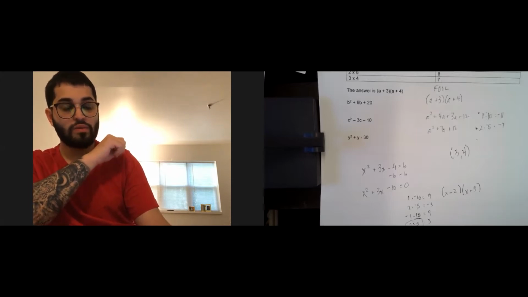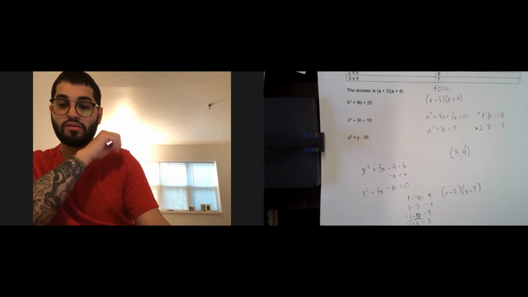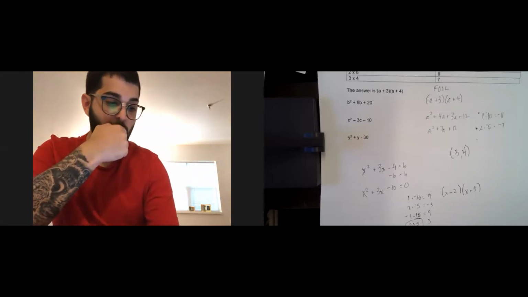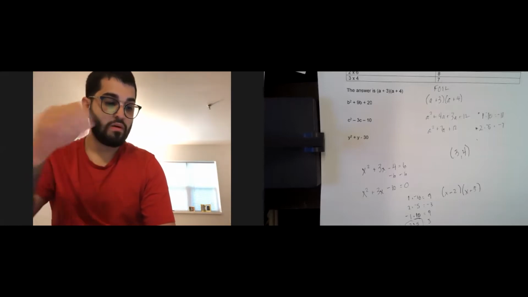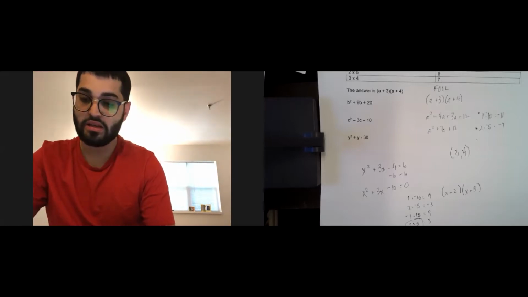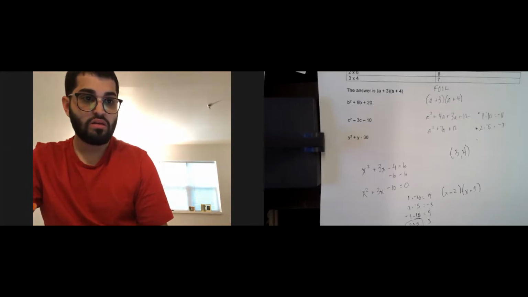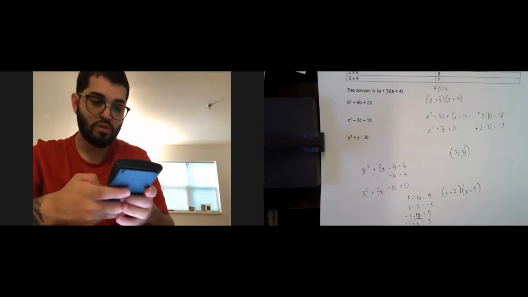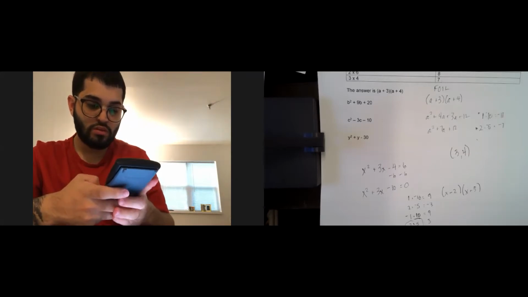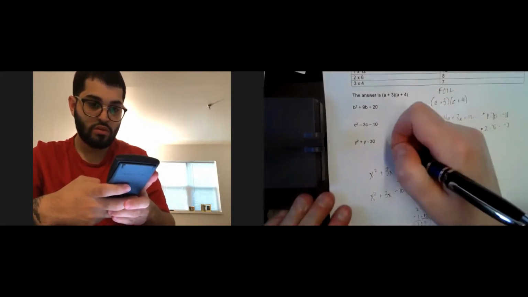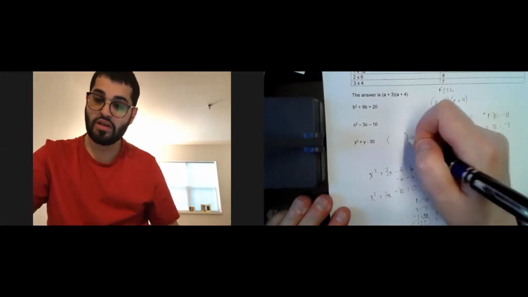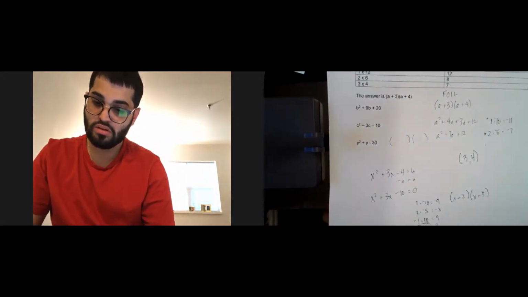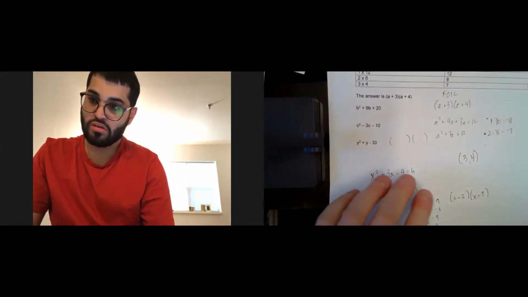Okay, 5 times 6. You got it. Good job. So 5 times -6, we can say. And we have minus 30. Yeah. Perfect. You've got these. Excellent.